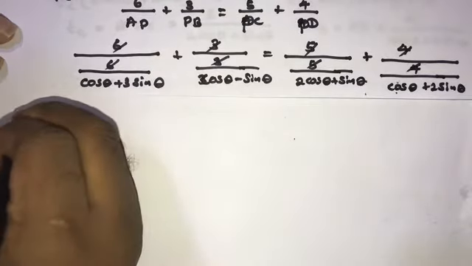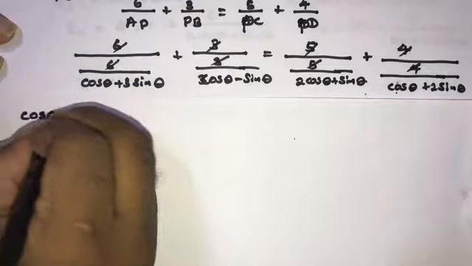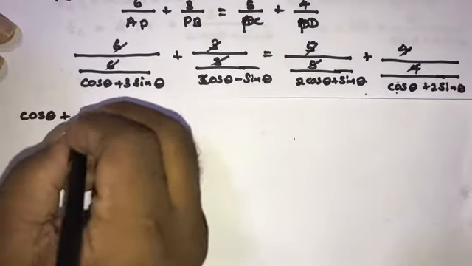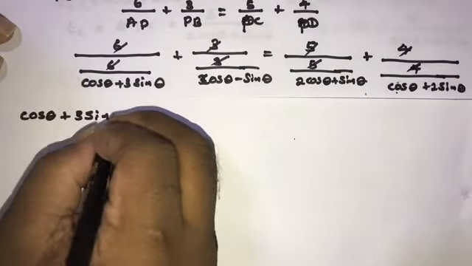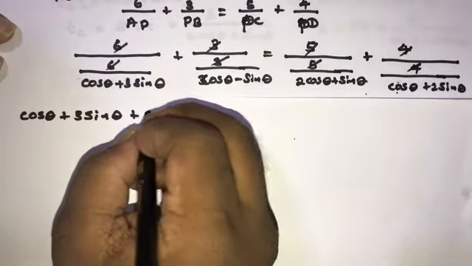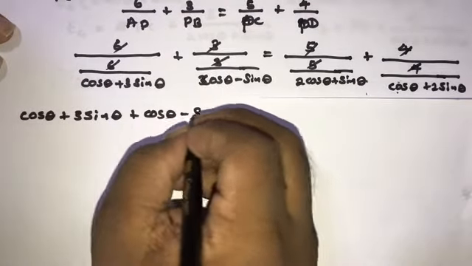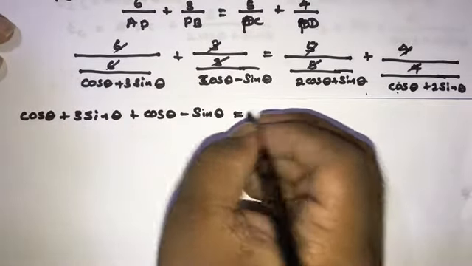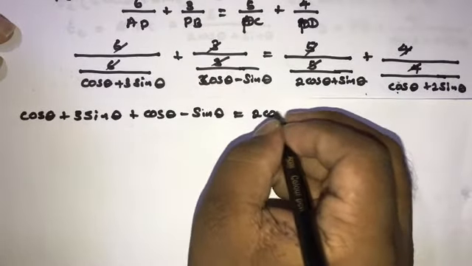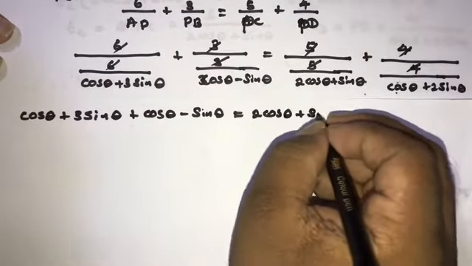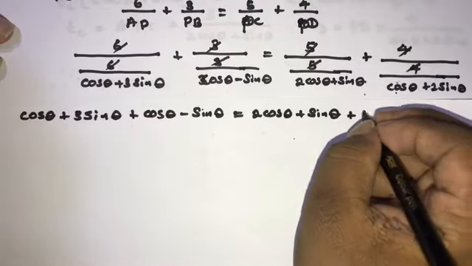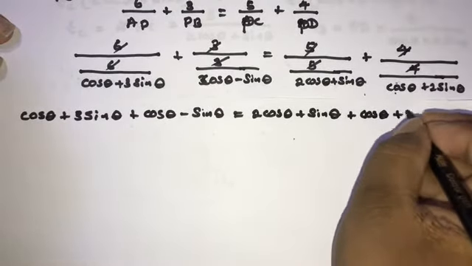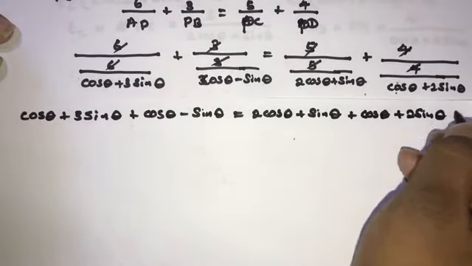Okay, now we can write cosine of theta plus 3 times sine of theta plus cosine of theta minus sine of theta is equal to 2 times cosine of theta plus sine of theta plus cosine of theta plus 2 times sine of theta.